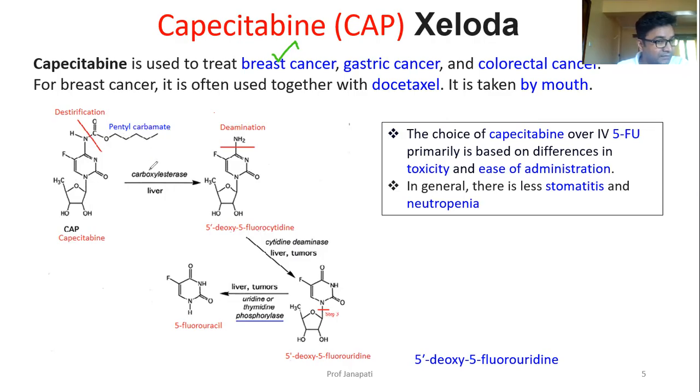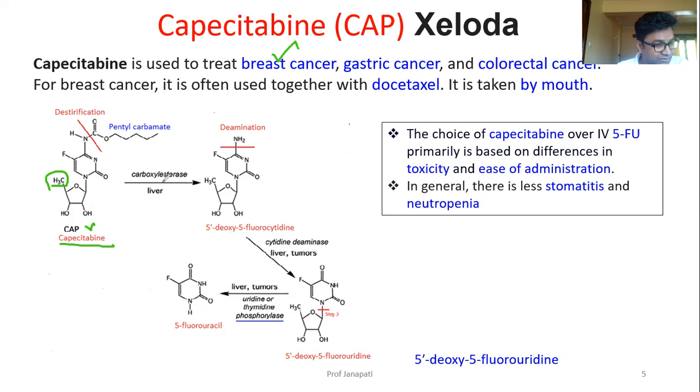In the body, by carboxyesterase in the liver, there is breakage here between the nitrogen and the carbonyl group. Already there is no hydroxyl group at the fifth carbon, where usually there should be CH2OH on the sugar molecule. When the pentyl carbamate group is attached, it is called capecitabine, or CAP. The abbreviation for capecitabine is CAP.